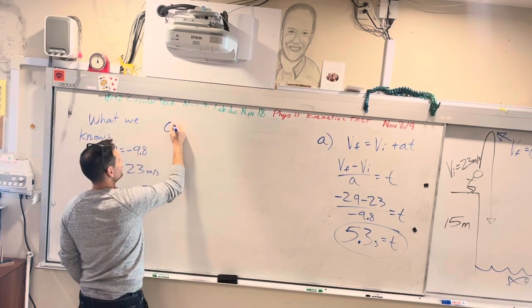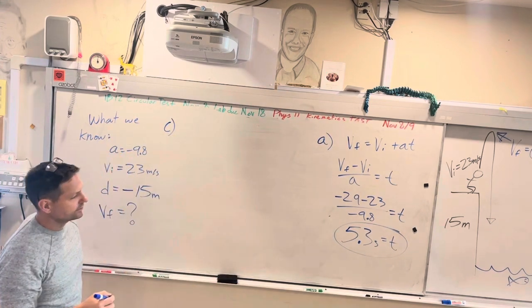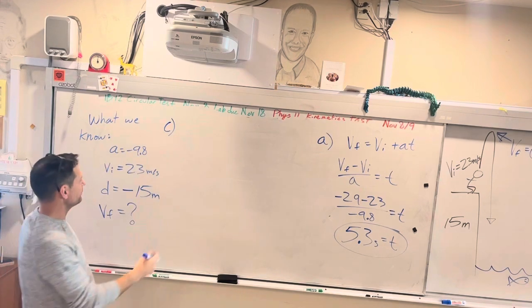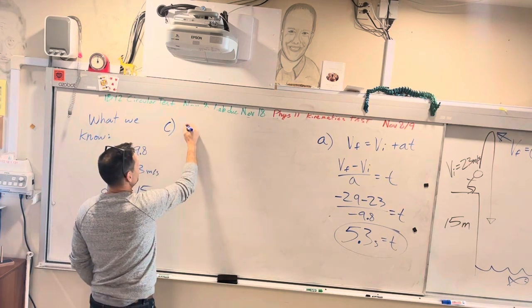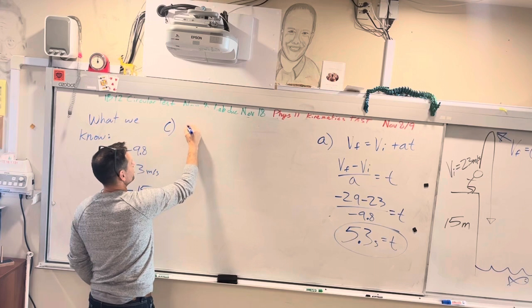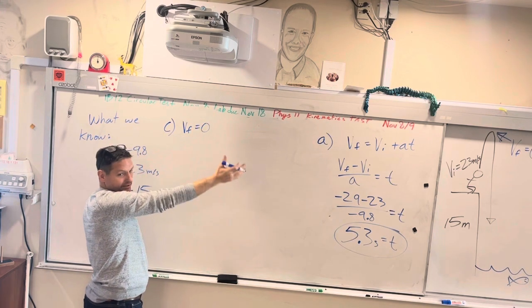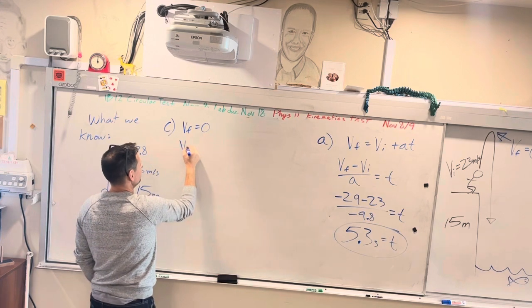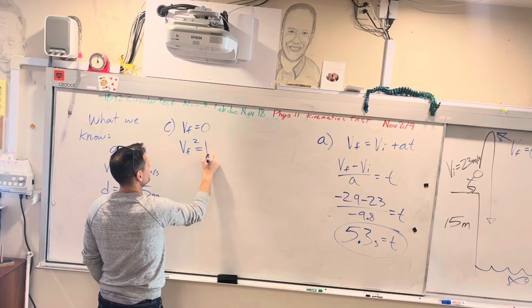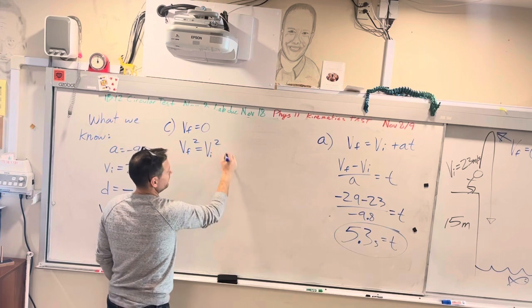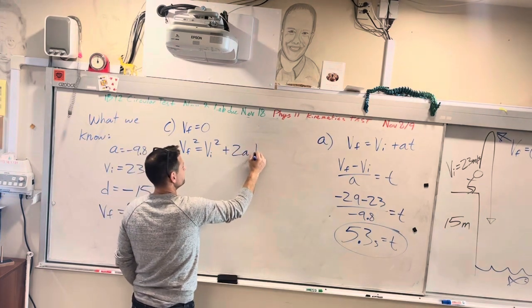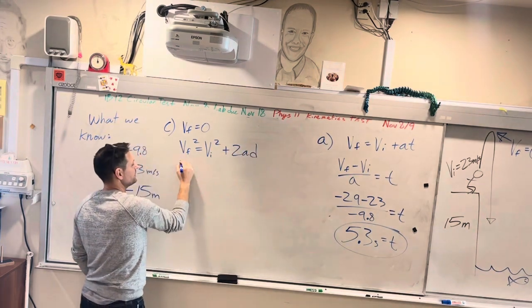So for C, we're going to say we're looking for the max height above the water. So we're looking for displacement. So we say VF equals 0 because that's what it is at the top. And I'm going to use the second formula because I don't want to go searching for the time. But I'm going to solve this for D again.